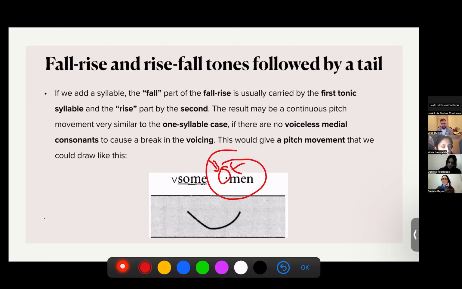No, remember that the dot is a stress after the tail, and you illustrate that with the dot, because we cannot use that symbol.